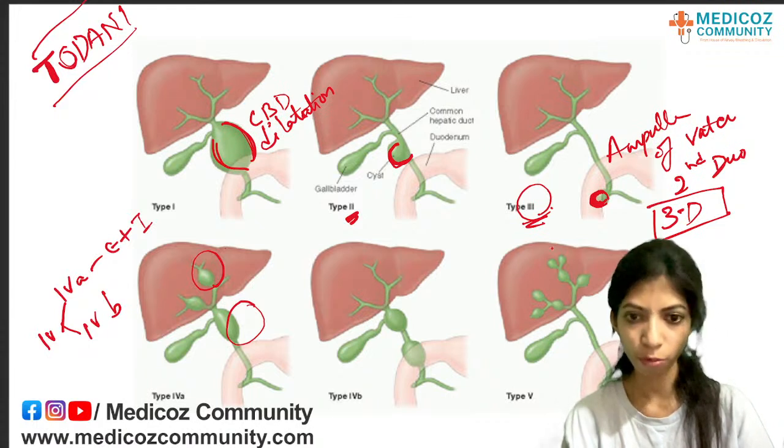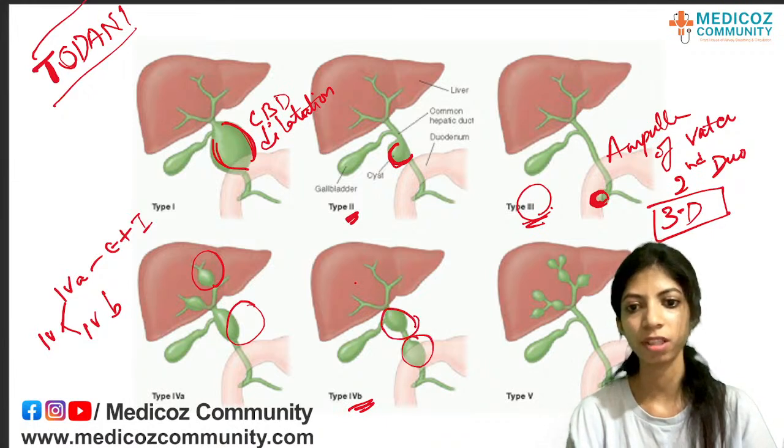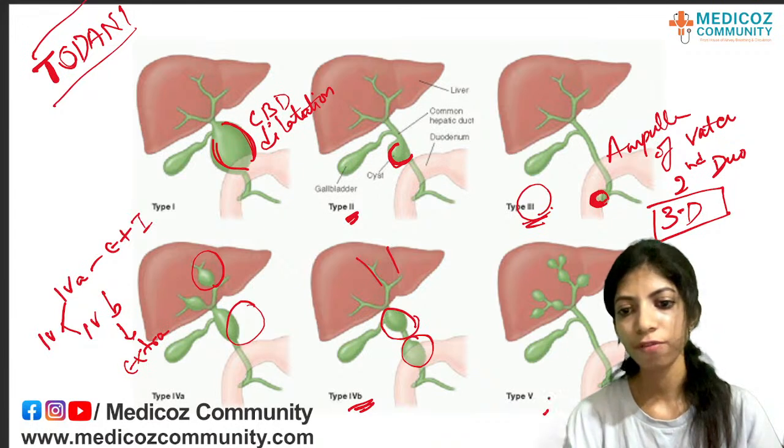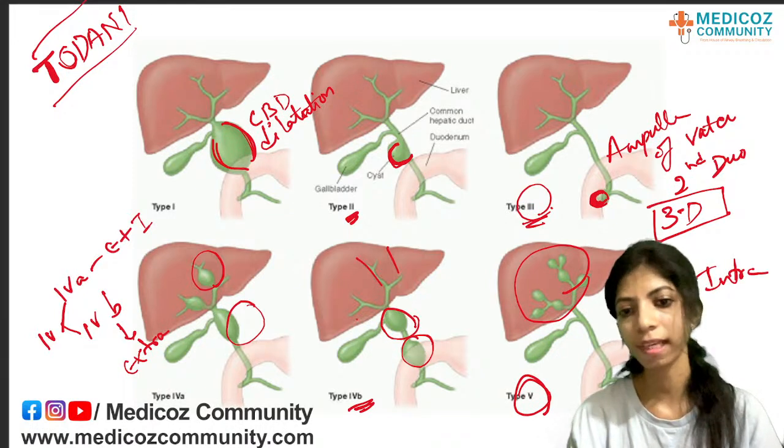What is your type 4B? 4B is only extrahepatic dilatation. The intrahepatic is normal. So 4B is only extrahepatic. And your 5 is only intrahepatic. 5 is only intra. And before this 4B is only extra.